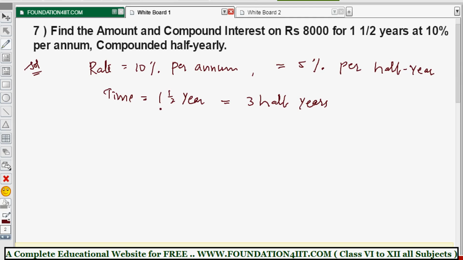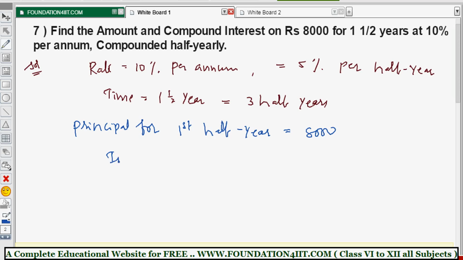Principal for the first half year: the investment amount is 8,000. Now interest for the first half year. Instead of 1 year, we'll take half year.